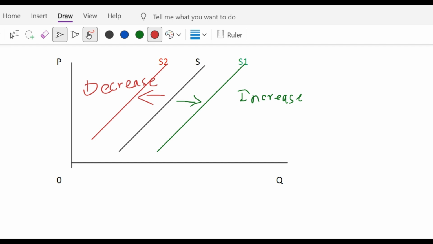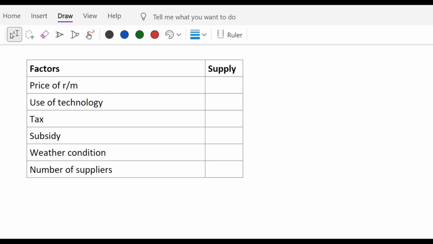Now let's see what factors will lead to this increase or decrease. Right, so over here I have listed out some factors that will affect supply. Let's learn with examples, then we will be able to understand and analyze each and every situation well.